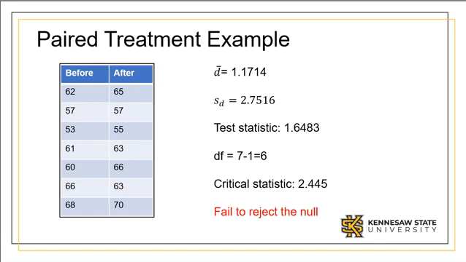Keep the sign if the difference is negative. The mean difference is 1.714. Standard deviation of the differences is 2.7516. Based on the size of the test stat compared to the critical stat, we fail to reject the null. The passivation treatment appears to have no effect on conductivity.